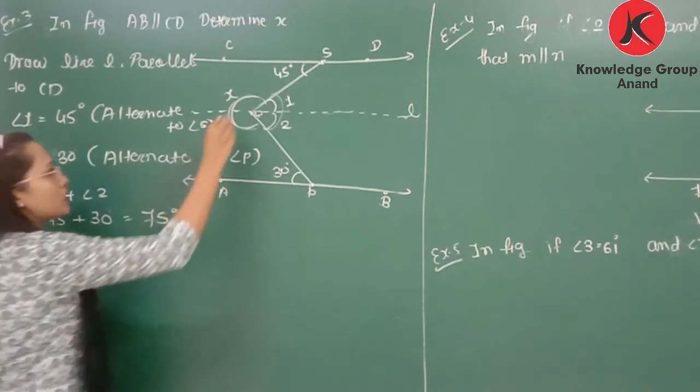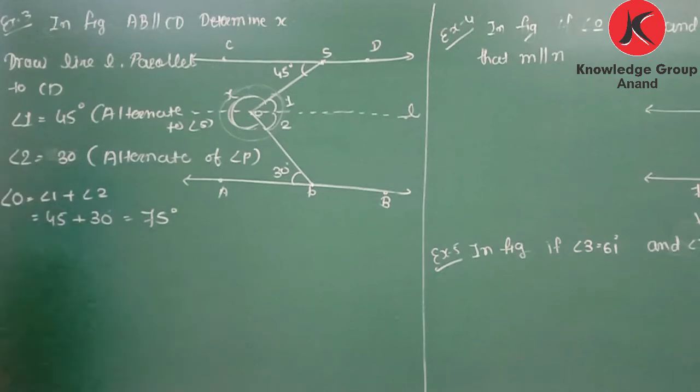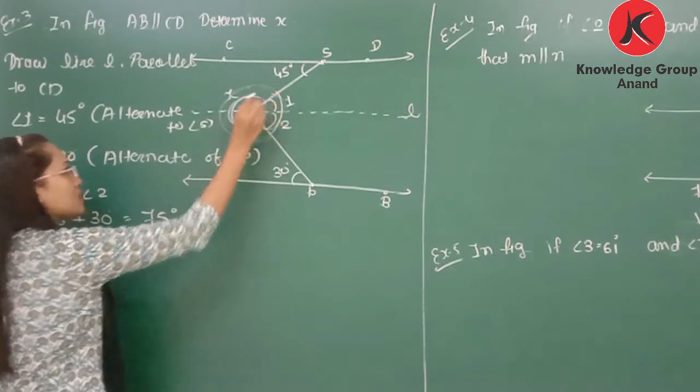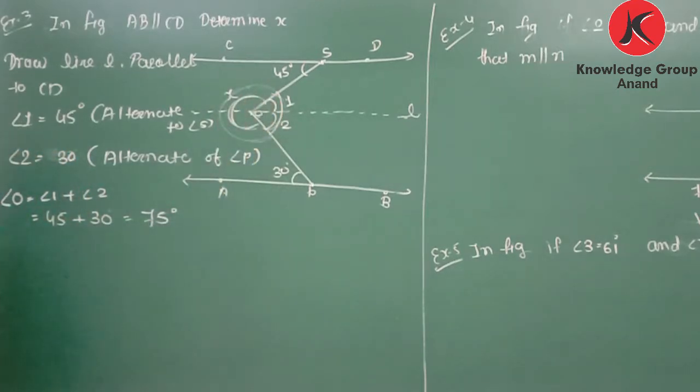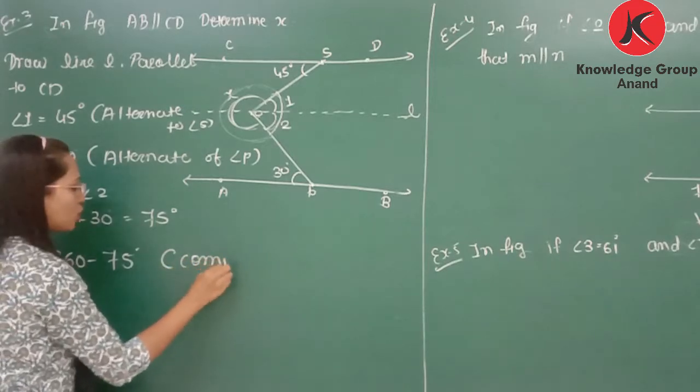Now if we consider this whole circle, I already told you that a whole circle is 360. From the whole circle this angle is 75. So we can find this angle by subtracting 75 from 360. So here X is equal to 360 minus 75. Reason: complete revolution.